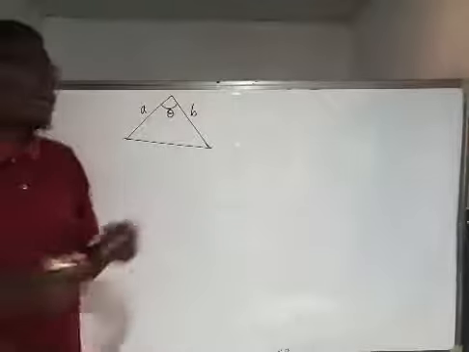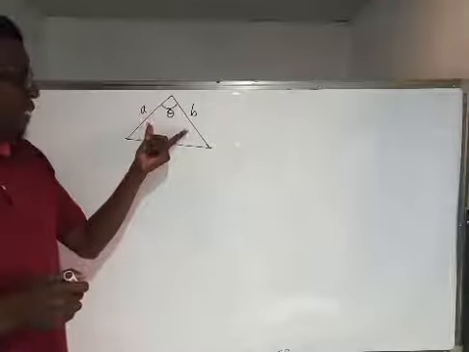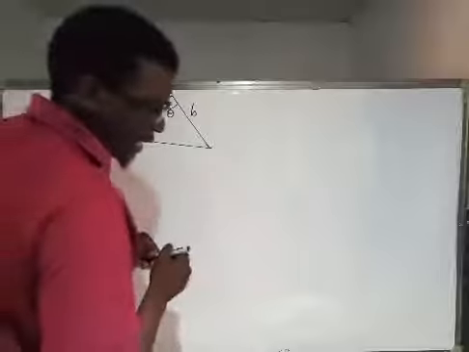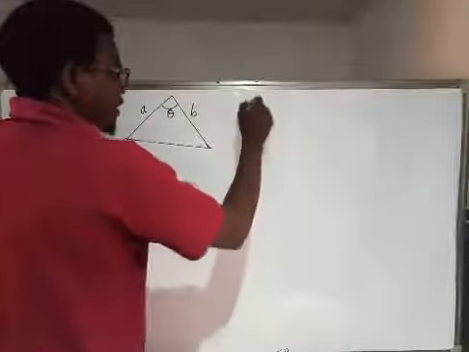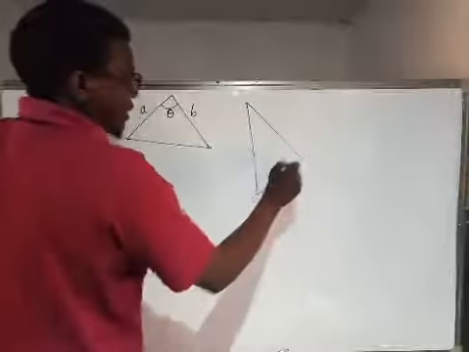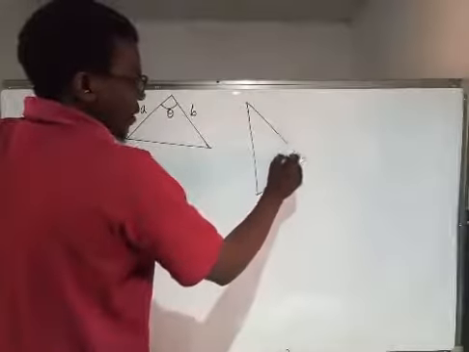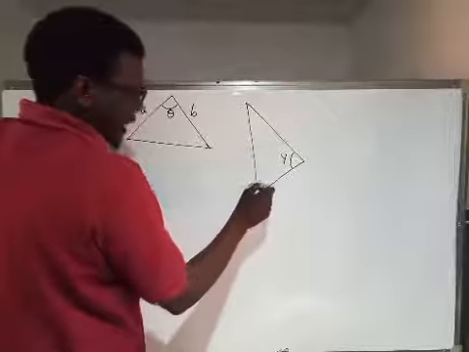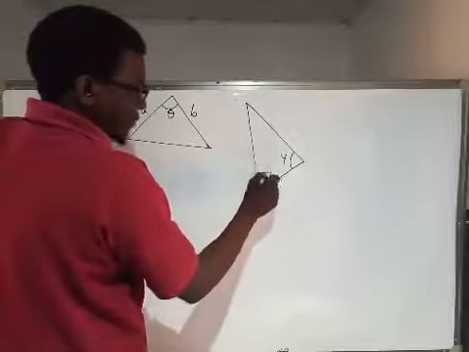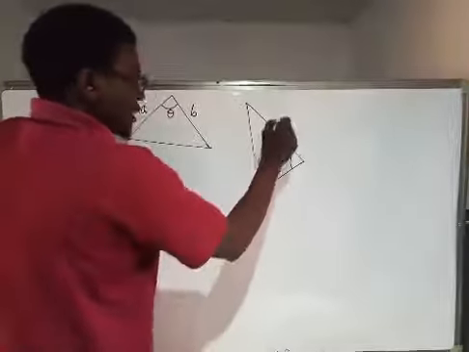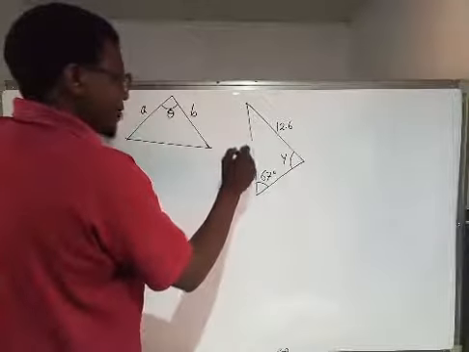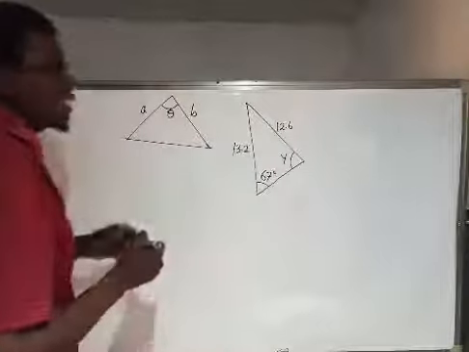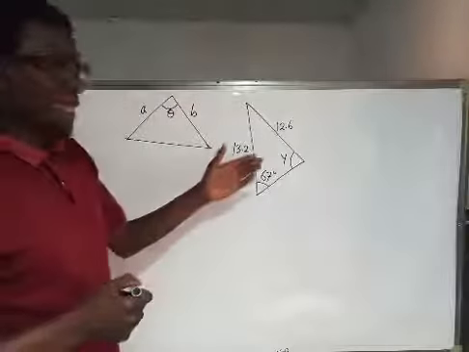If you have a question like the one we just dealt with, we say this is our y, and this is 67. And then we are told this is 12.6, and this is 13.2. And then we are told we need to find the area.